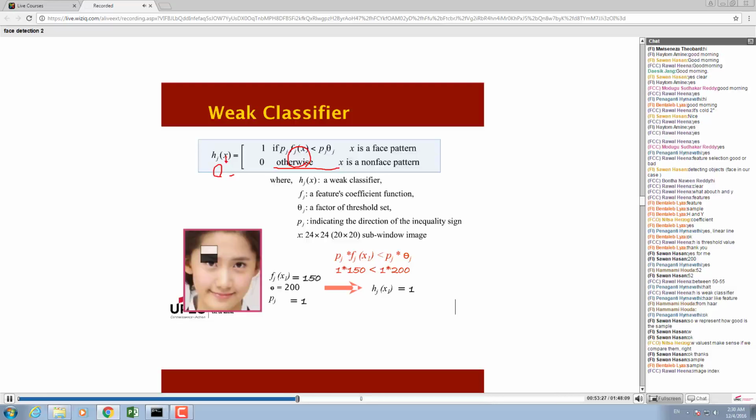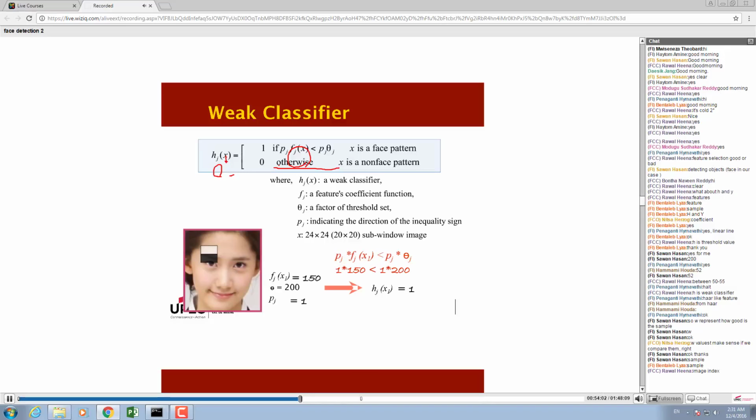Anyway, Fjx, from our previous slide, means we are applying feature J to image X. So X can be face or X can be non-face, whatever. Then this F will return some value like 150, 200, 300, any number, feature value based on the highlight feature.